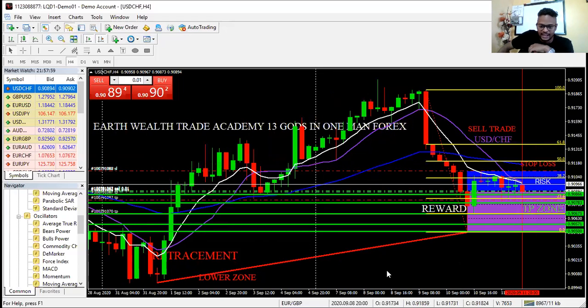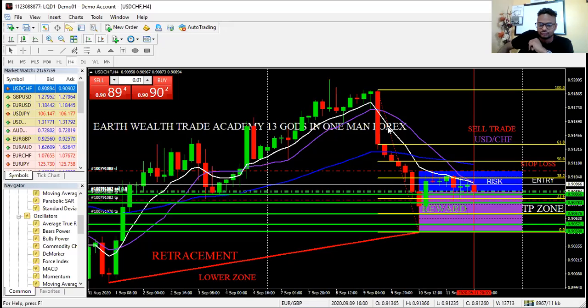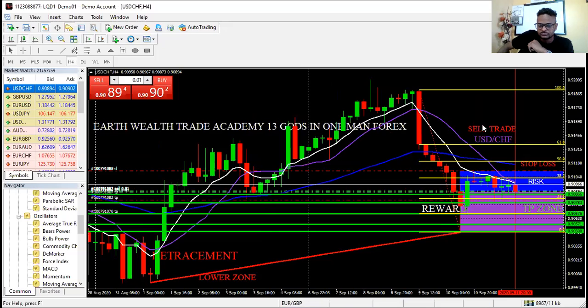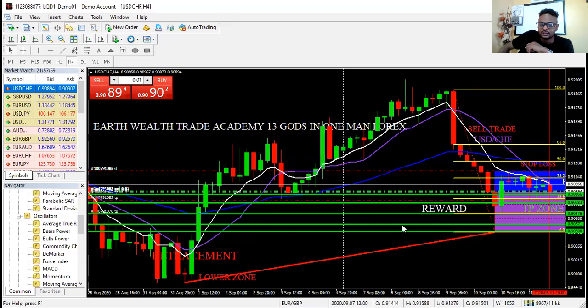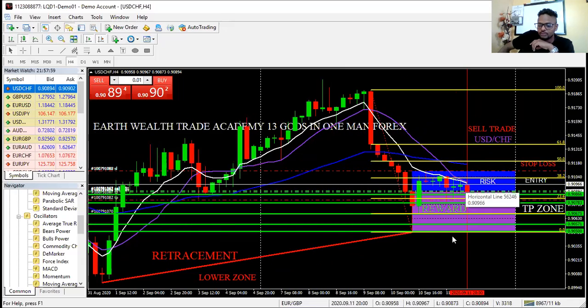The reason I did this trade is that we're looking at it from the perspective that price will go back down based on the retracement action that took place in this area. So it will go all the way back down to the bottom here, and this is the reason I put this vertical line here.